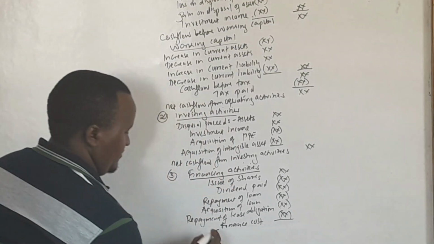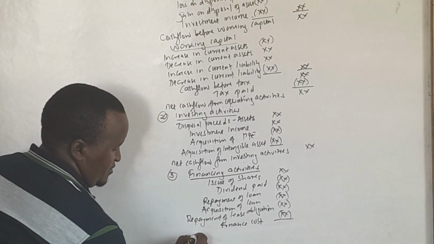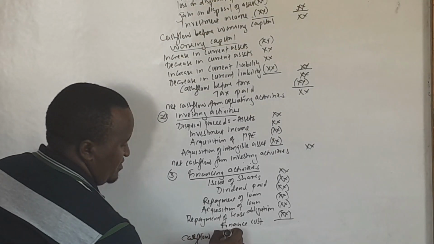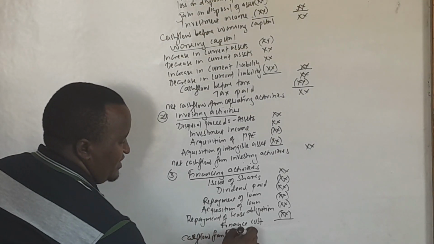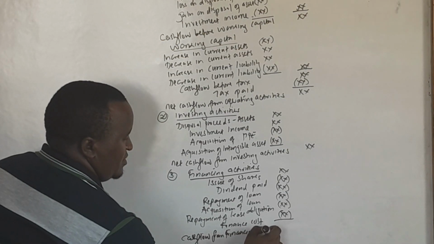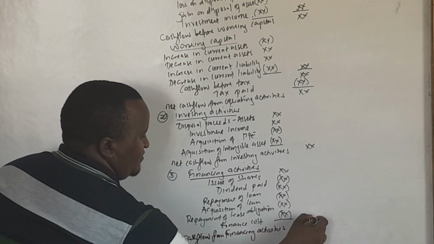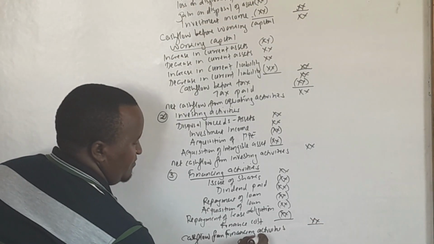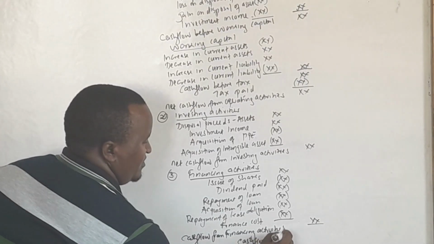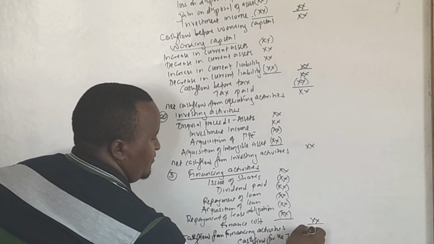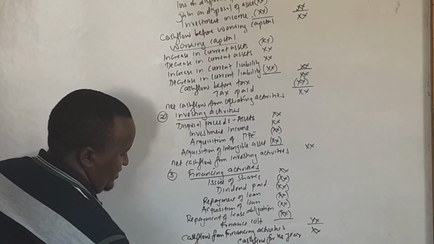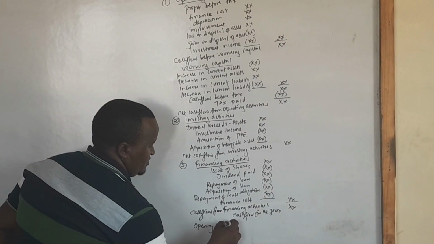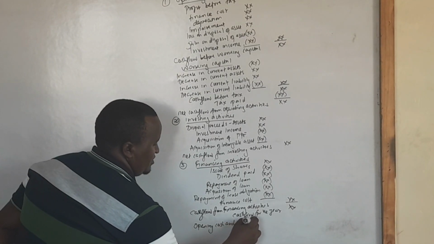So the cash flow from financing activities, and you get what we call the cash flow for the year. Then opening cash and cash equivalent.